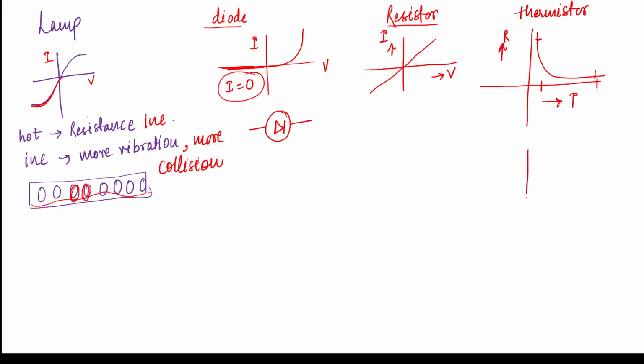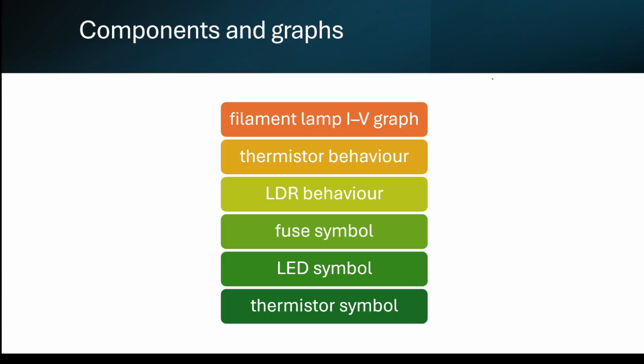And similarly, you need to know for a light dependent resistor, as the light intensity increases, the resistance decreases. They are both similar shaped graphs. Temperature increases, resistance decreases; light intensity increases, resistance decreases. So these are the components whose graphs you need to know.